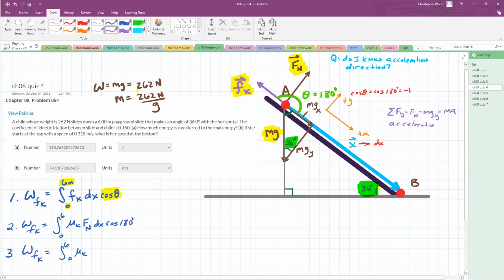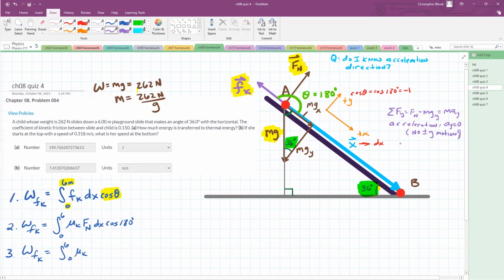The only way acceleration is equal to 0 is because I rotated the coordinate system. If I didn't rotate it, you couldn't say the acceleration is 0. But here I can. No plus or minus y motion. So that's an advantage in rotating your coordinate system.